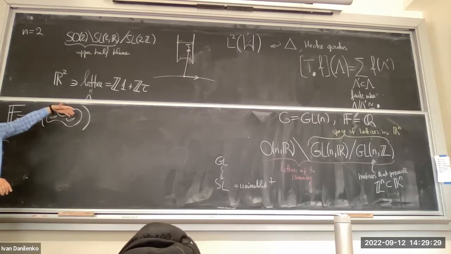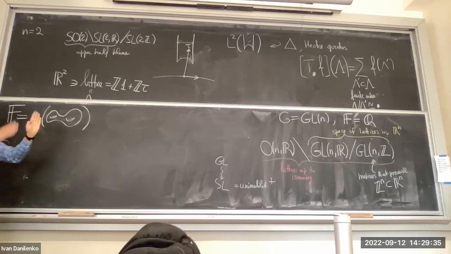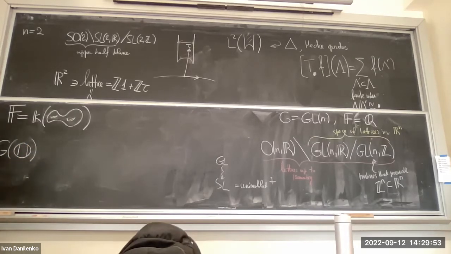And then there is the local field of every single point, and the adeles are just the product of all these local fields. Your maximal compact is the group over the regular functions of the curve.